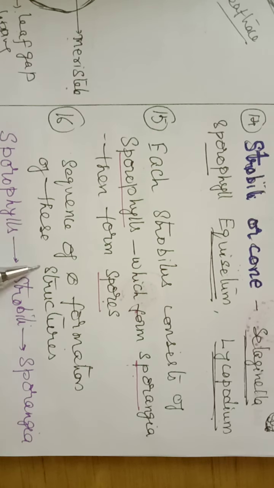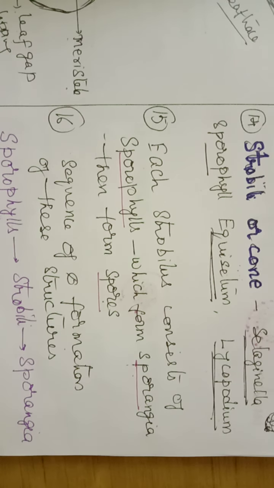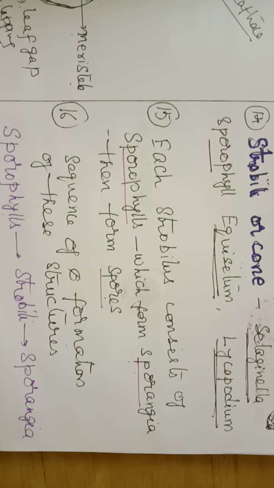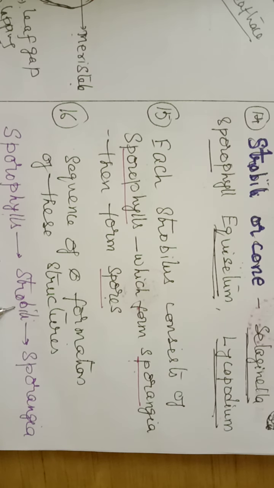First the sporophyll will be formed, that is, a reproductive leaf is formed from the vegetative leaf first. And all the sporophylls together will form a compact structure called a strobilus.